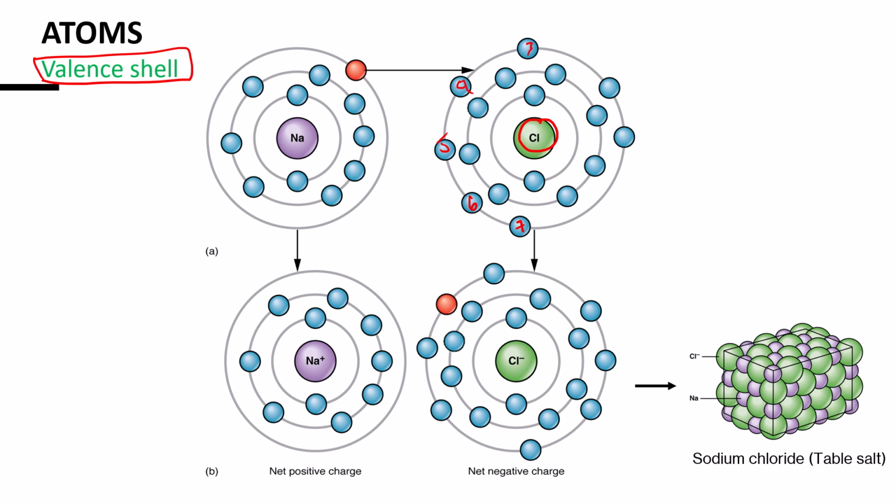So yes, for chlorine it's easier to receive 1 electron to complete the valence shell than give up all the 7 electrons that are already present. So that's what happens.